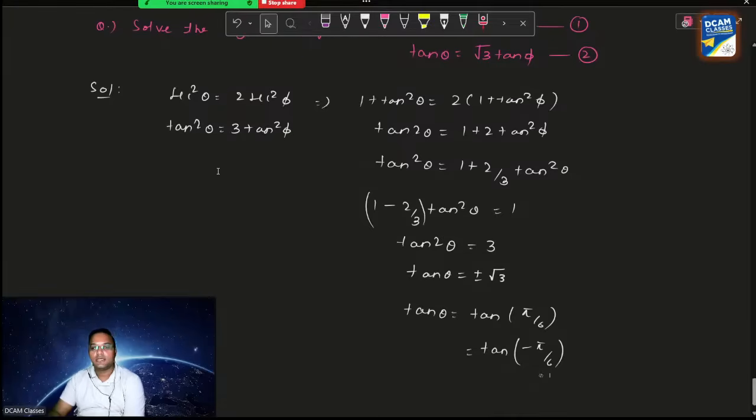You should write the equation in one variable only. I told you, when two equations with two variables are there, you have to solve both of the equations to get an equation in one variable. That's the method. This is one way.